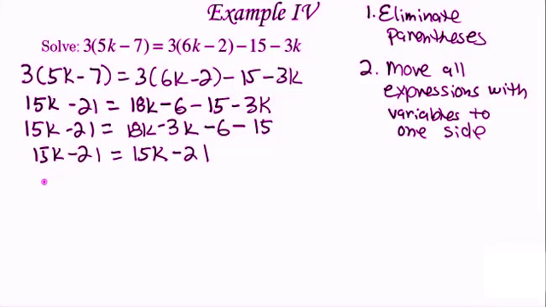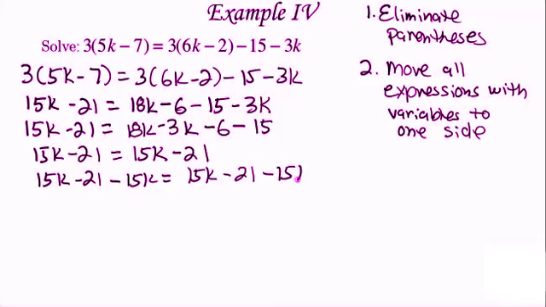So I have 15k minus 21 equals 15k minus 21, and you may have already realized what's going to happen when I subtract 15k to move that to the left. Minus 15k, the k's drop out. That leaves me with minus 21.